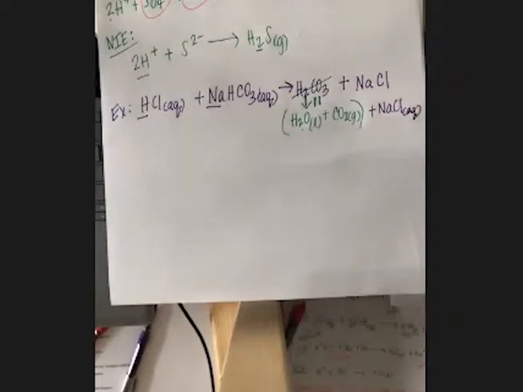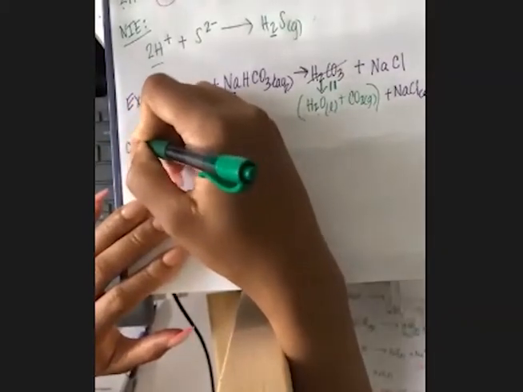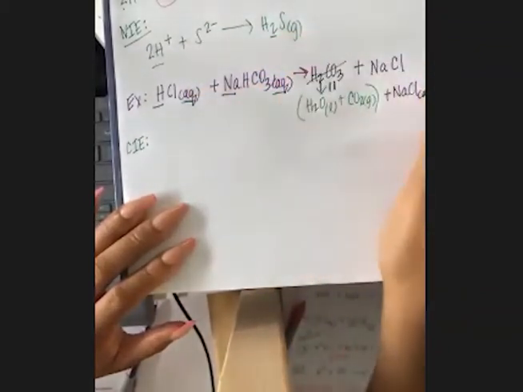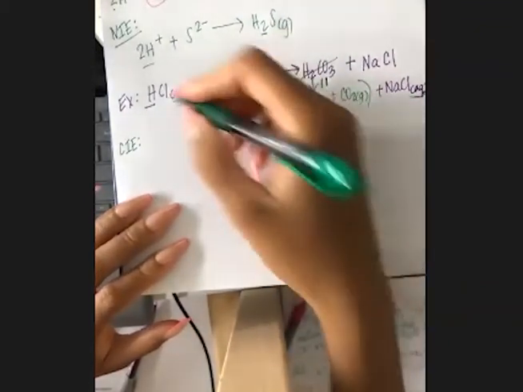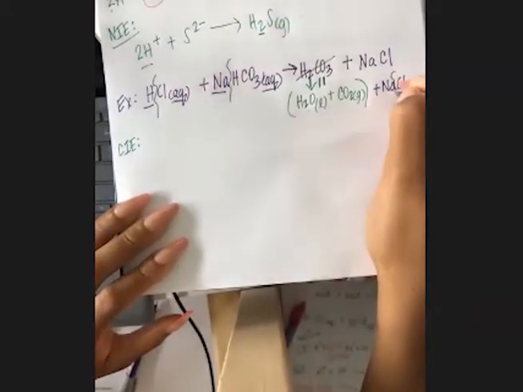If we want to write our complete ionic equation, we're still doing the same thing. If it has an aq next to it, we break it apart. So we're going to break this apart, this apart, and this apart.